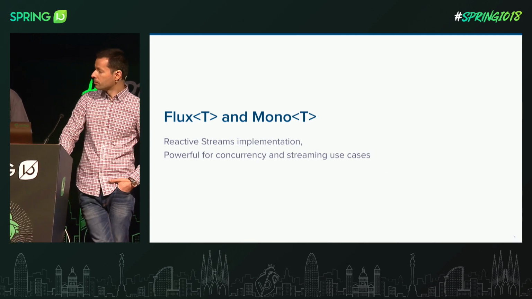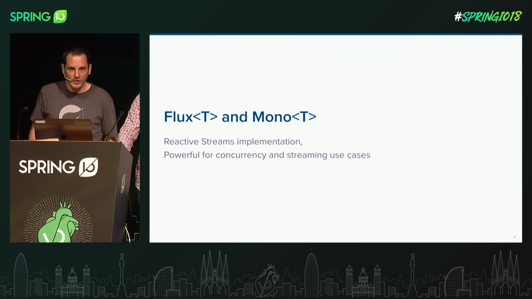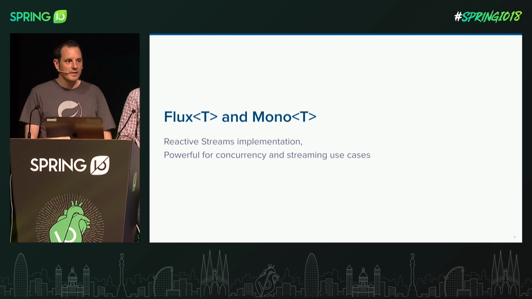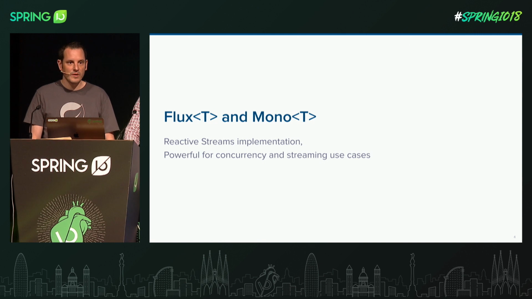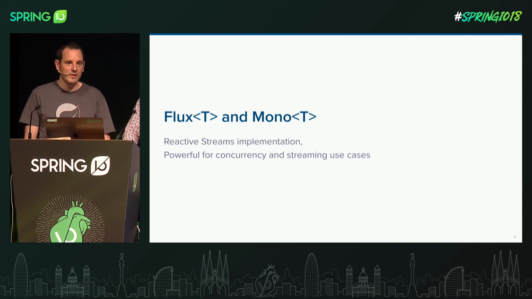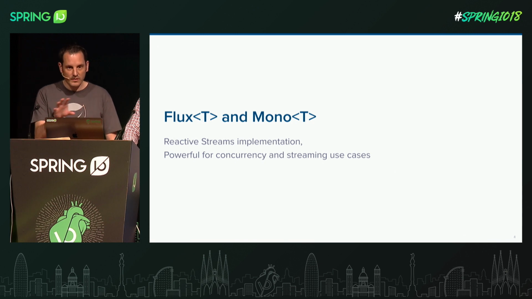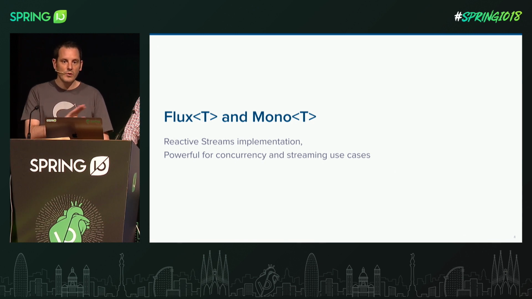So for those components to talk to each other, we need some common API, and that API is called reactive streams. You'll get a chance, if you don't know about it, to see a bit more in detail in the demo. Reactive streams is really about communication, a very low-level API.